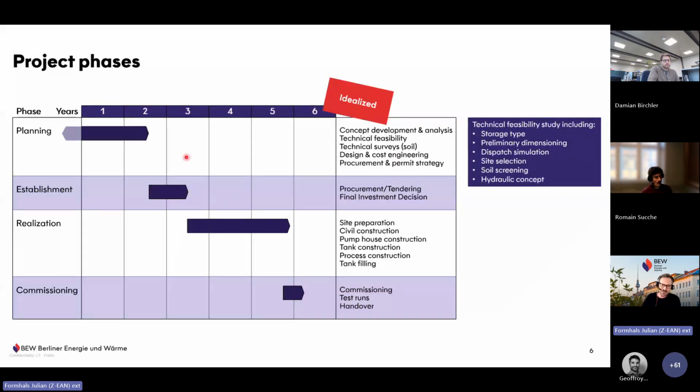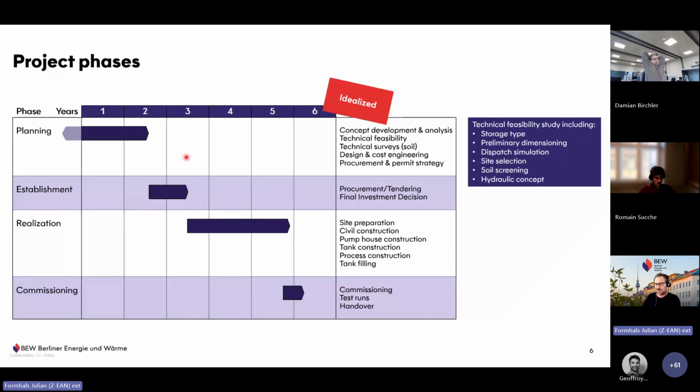First of all, as you see here in the planning phase, there's an arrow pointing to the years before this project, because the idea of the storage dated back to around 2011, so quite old, and was started but then put on hold and restarted a couple of years later. So part of these works, which are summed up here in the planning stage, already date back a little bit.